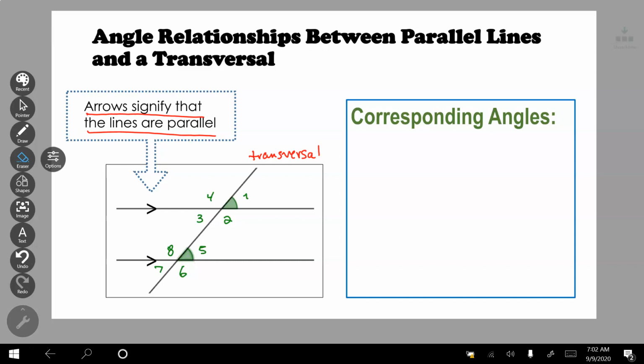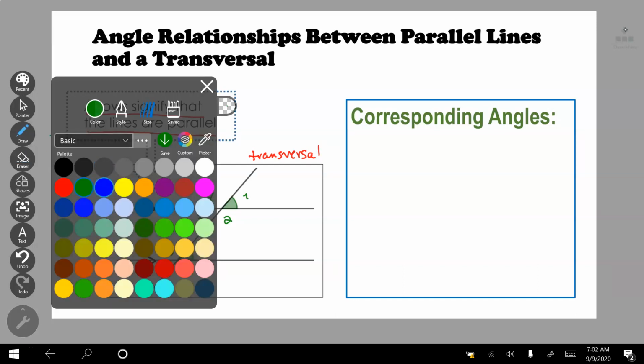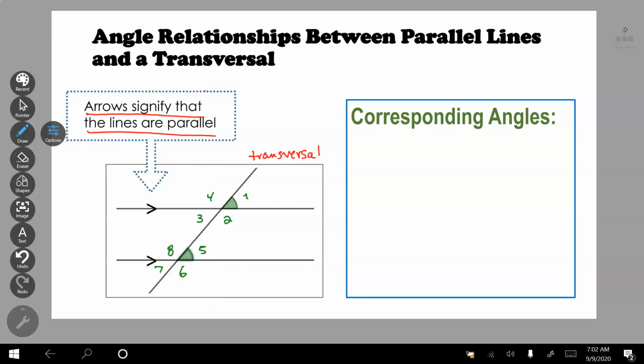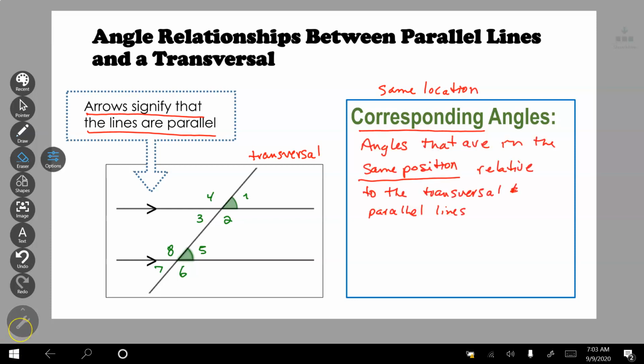So what does it mean to be corresponding angles? Basically, corresponding means same location. So corresponding angles are angles that are in the same position relative to the transversal and the parallel lines.